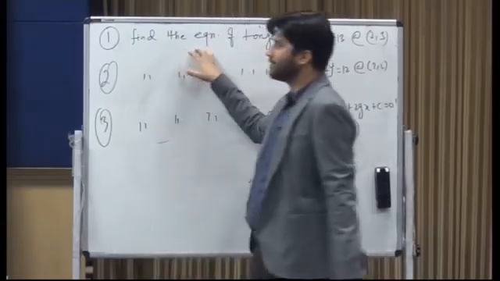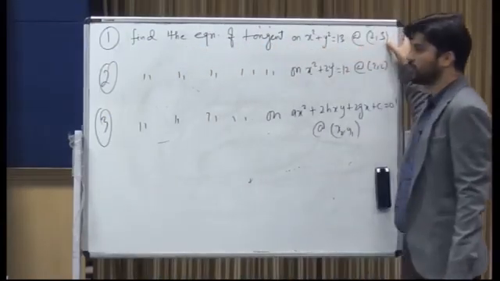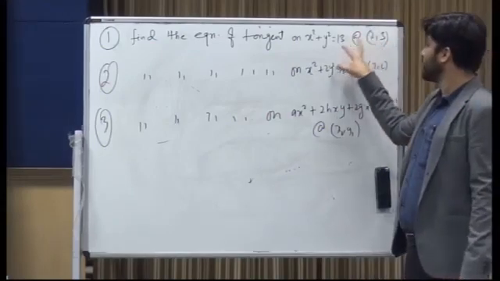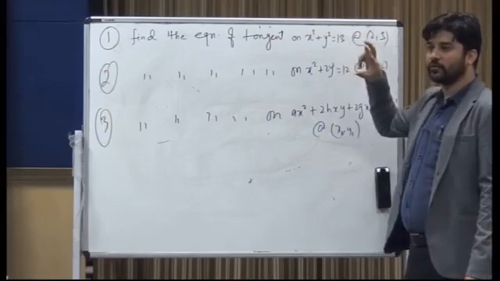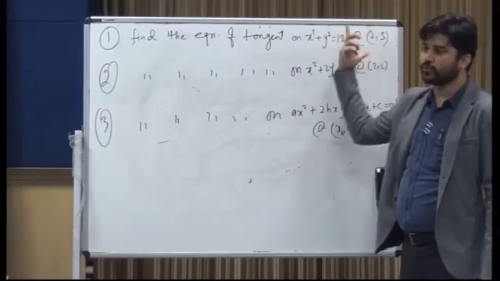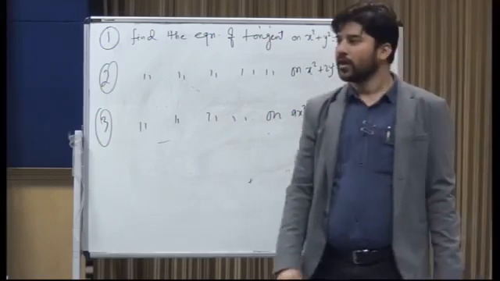You have a circle, you have a point of contact. So you know that the slope between the center and the point of contact would be perpendicular to the slope of the tangent. So you have a point and a slope, so you can find it, right?